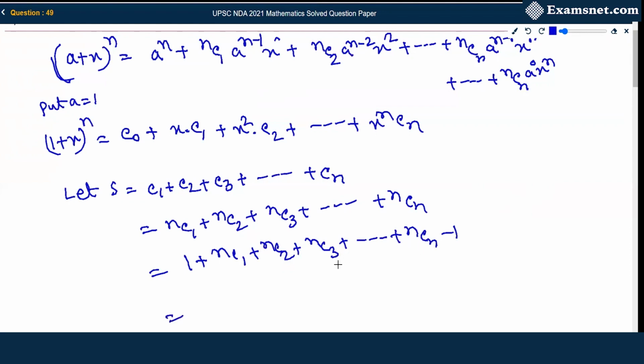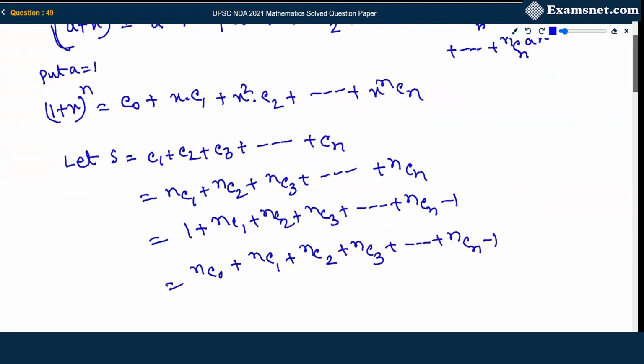Now nC0 would give us the value 1. So this first one I can replace with nC0. Next nC1, nC2, nC3 plus dot dot dot up to nCn minus 1.